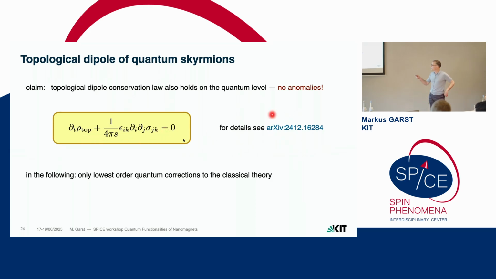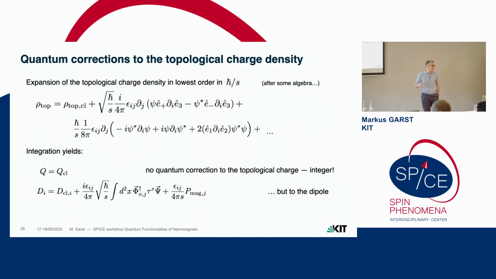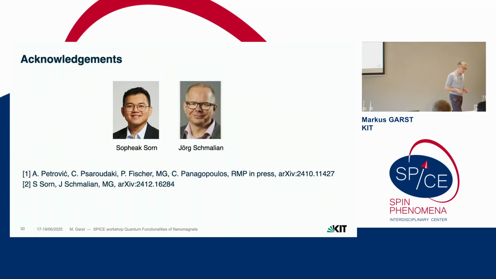If you want to learn more about it, please have a look at that paper. I have some more slides where I show that in the framework of a linear spin wave theory, but this I will skip, and I will jump to the end.